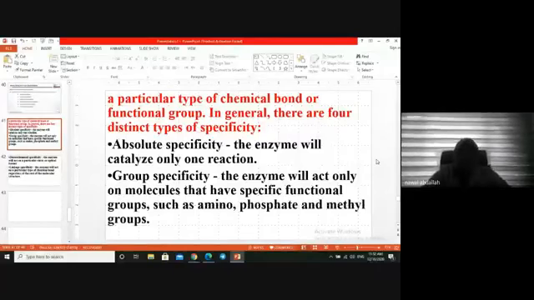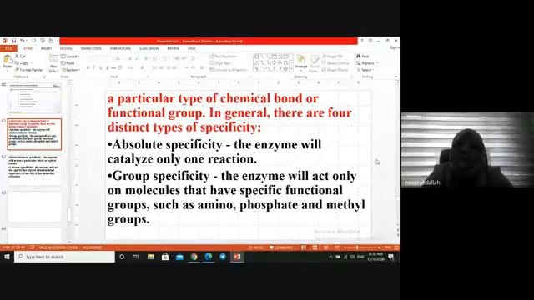In general, there are 4 distinct types of specificity. One, absolute specificity: the enzyme will catalyze only one reaction.